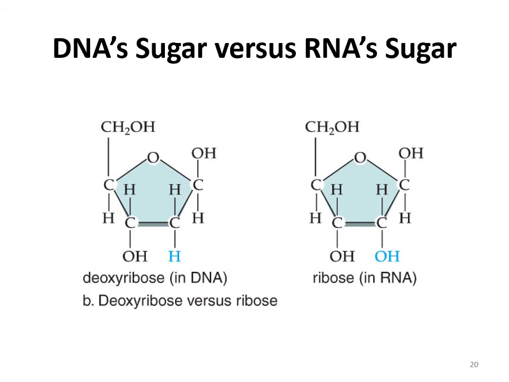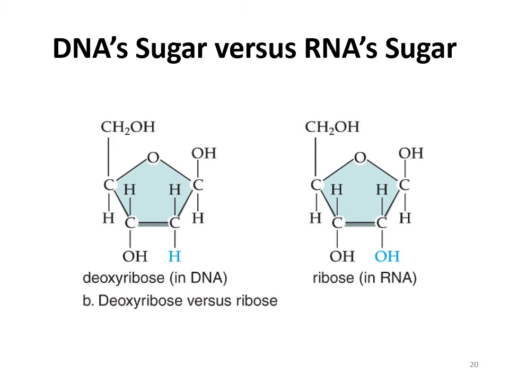Now, just to help you visualize the difference, again, between DNA and RNA, there are quite a few differences, not just the thymine versus uracil, but the sugar that it's made up of as well. And again, the sugar is part of the nucleoside and nucleotide subunits.